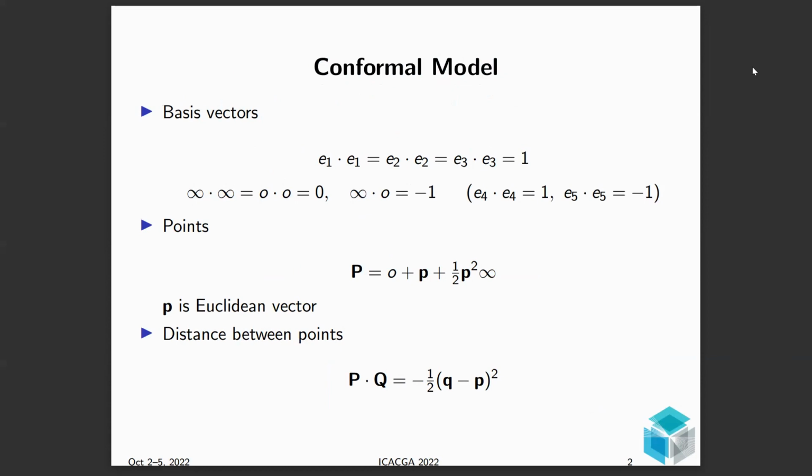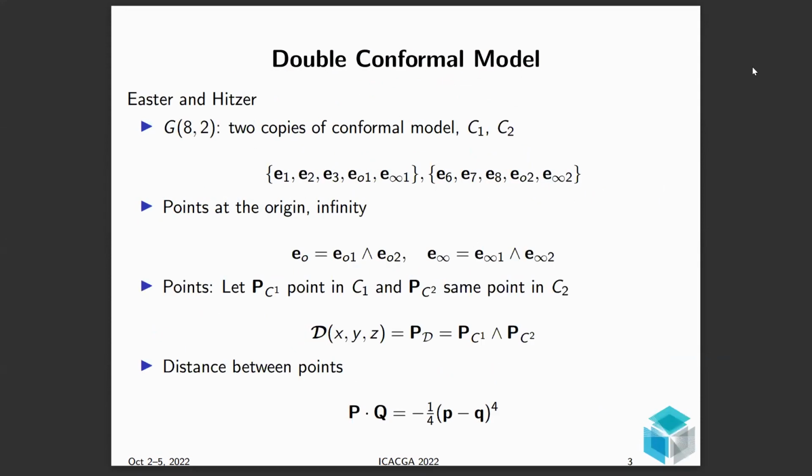In this talk, we're interested in a double conformal model, and it's pretty much like it sounds. It's 2 copies of the conformal model. Most of what I'll talk about regarding the double conformal model is the work of Easter and Hitzer. So we have our 2 copies. They have their set of Euclidean vectors. Each has a point at the origin, a point at infinity.